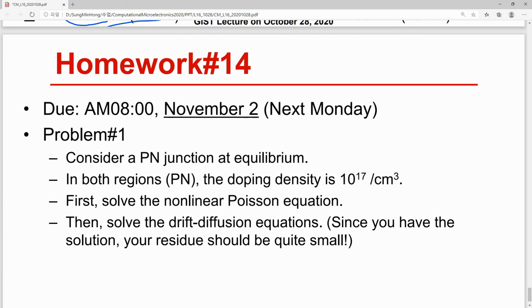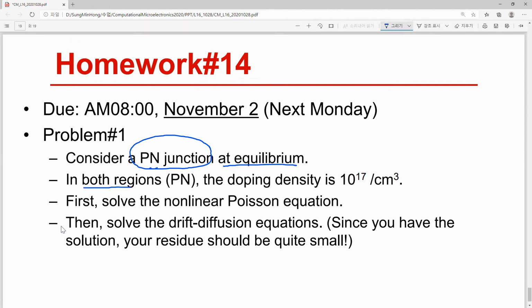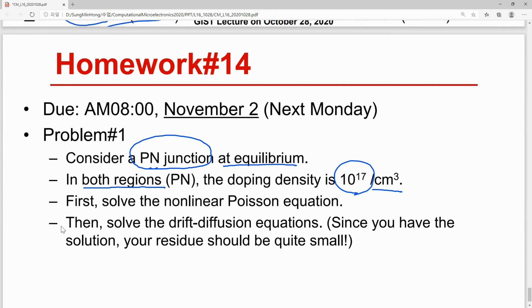However, now we have to solve the p-n junction at equilibrium. In both the p region and n region, the doping density is just 10 to the 17 per cubic centimeter. First, solve the nonlinear Poisson equation.